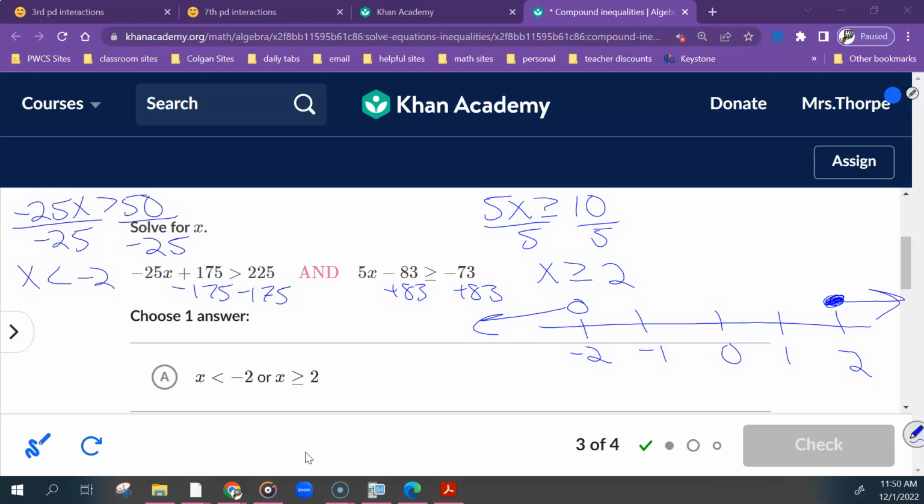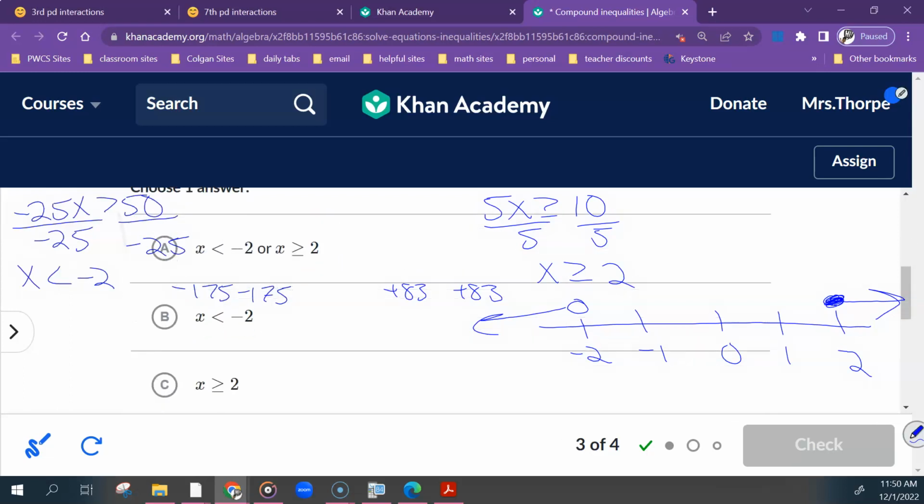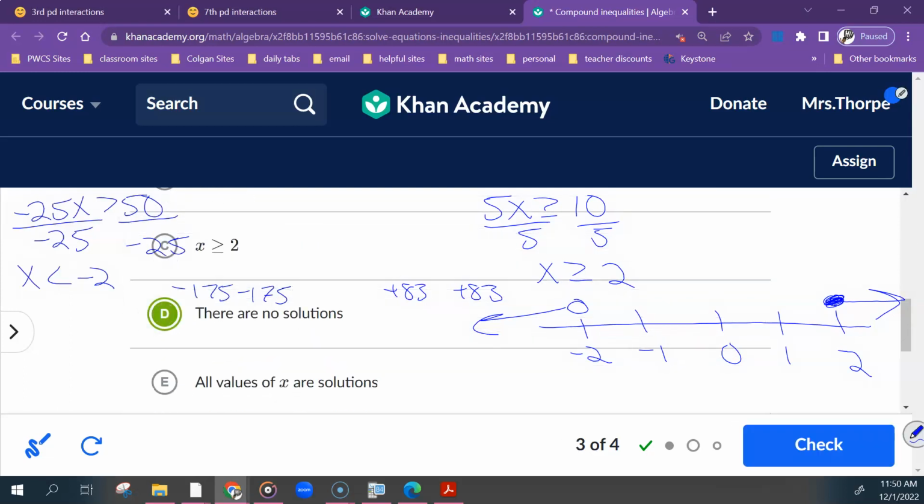If this is an and, right now it's looking like an or from our stuff. If this is an and, we're still looking for where does it overlap. No matter what, does it overlap? So if it does not overlap and it's an inequality, there would be no solutions.